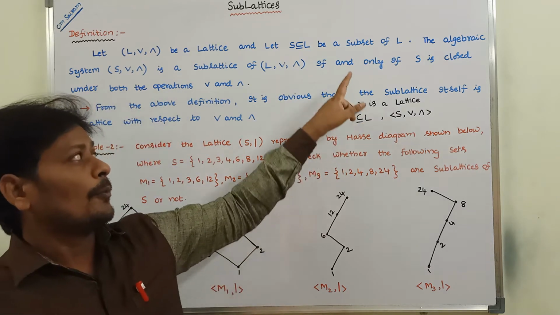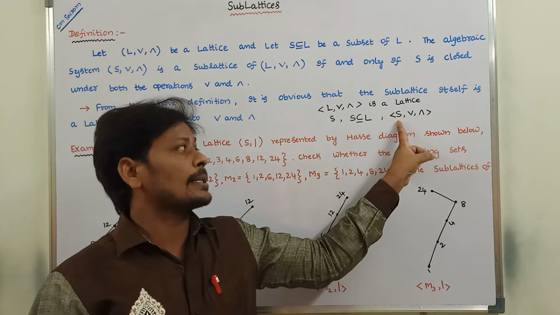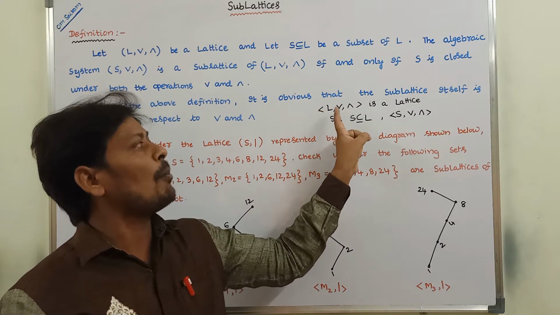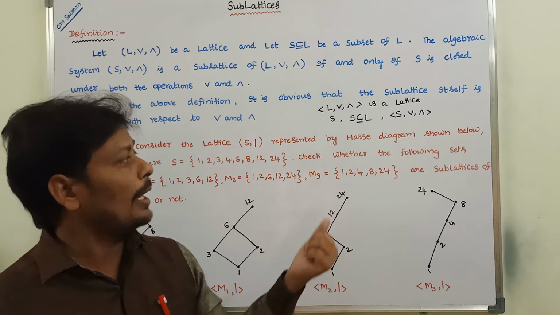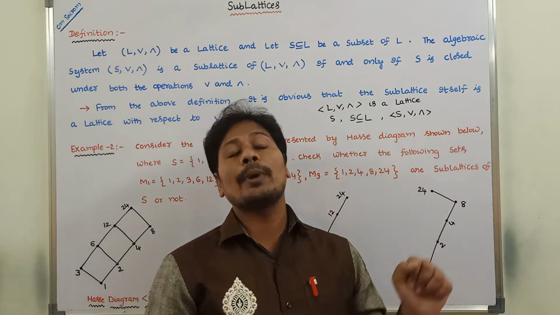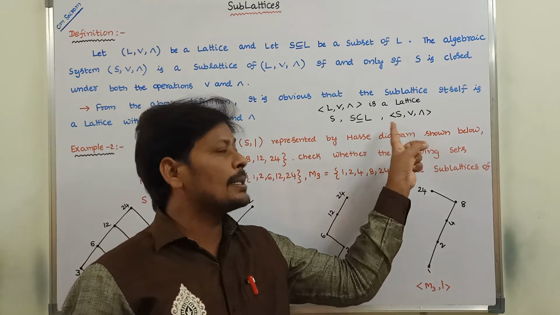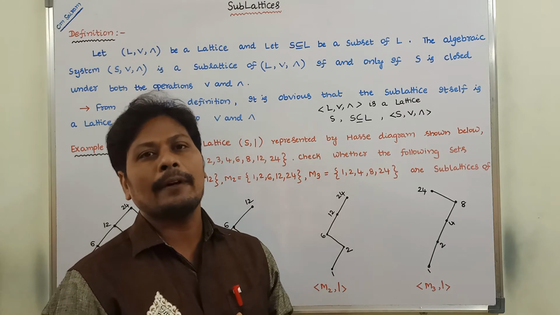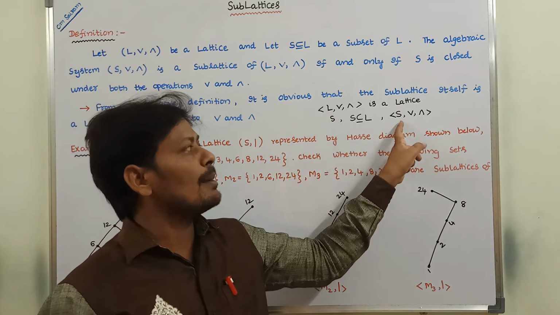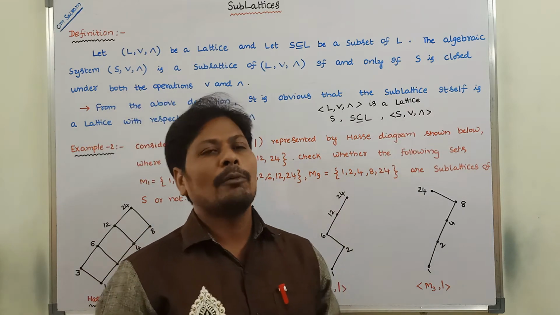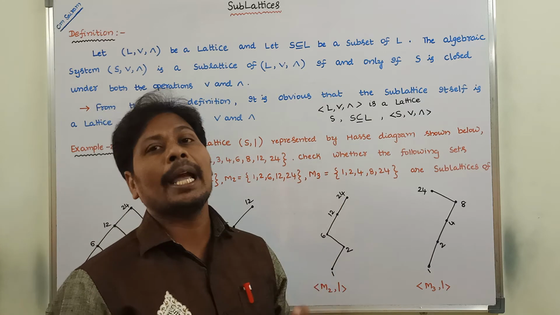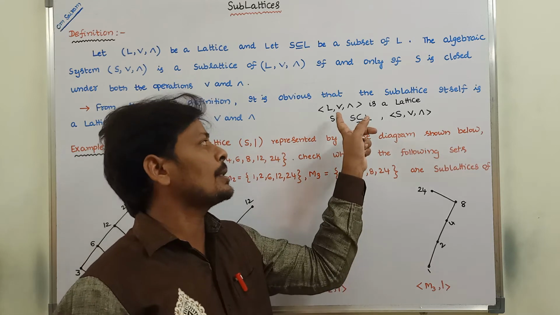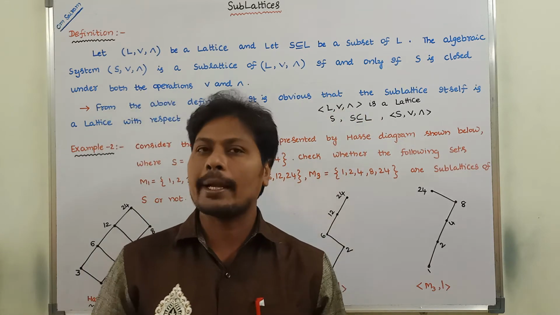From the definition, S, join, meet is a sublattice of L, join, meet, but this sublattice is also a lattice, because the same condition applies. For L, we can take any pair of elements, and both the least upper bound and greatest lower bound exist.